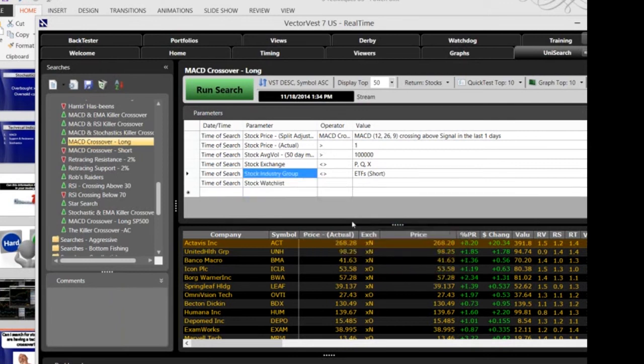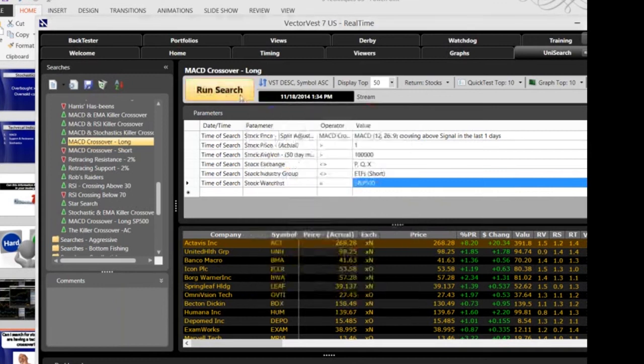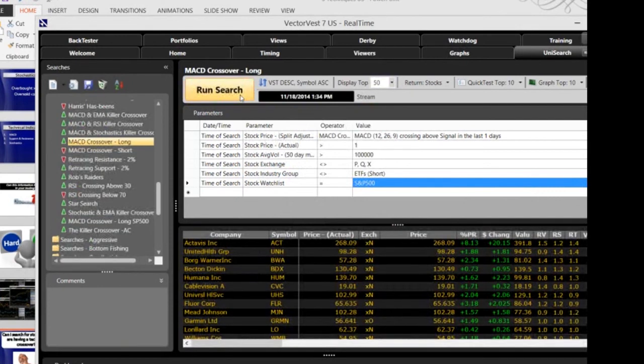So I'll go to filter by, just choose watch list equals, and S&P watch list, S&P 500. And I'll run that again with my new filter, and you can do this on your own watch list of stocks too. But just that quick, you've got a list of all the stocks meeting that signal, that crossover.